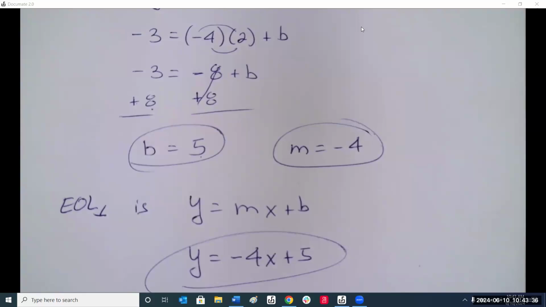That's how we figure it out. Any questions so far? That does it for section 4.